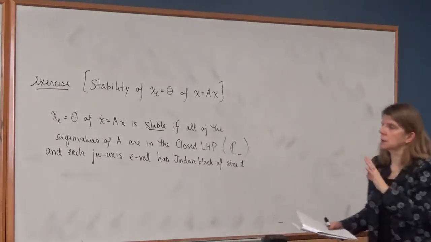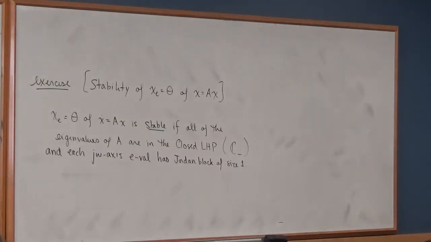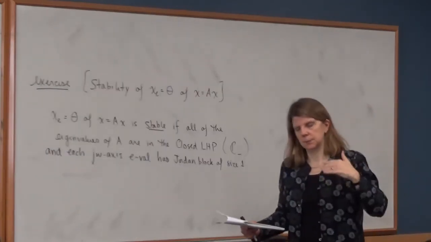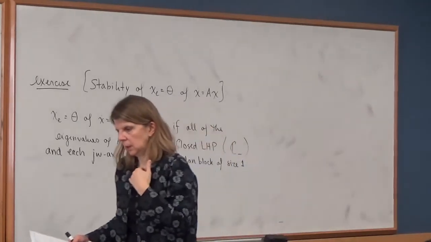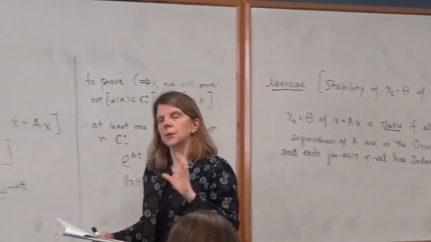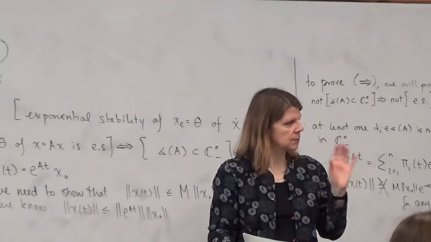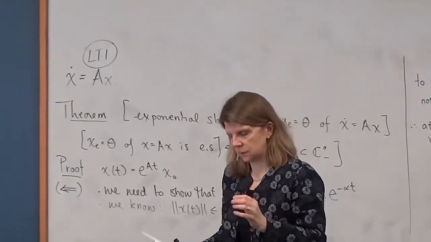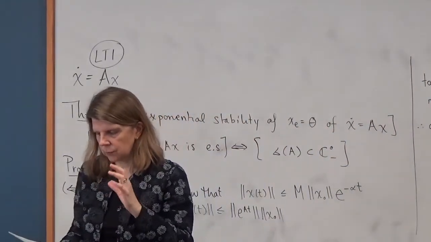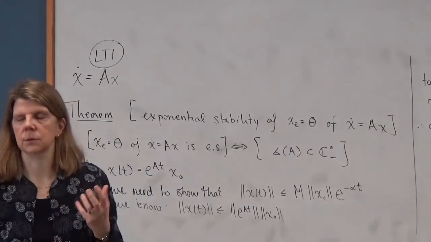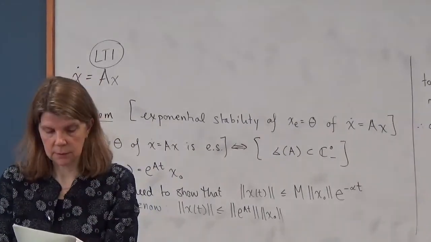All right, so we talked about equilibrium. We talked about 3 notions of stability: stability, asymptotic stability, exponential stability. We discussed how, for linear time invariant systems, asymptotic and exponential stability mean the same thing. So you only differentiate them for linear systems in time varying cases.